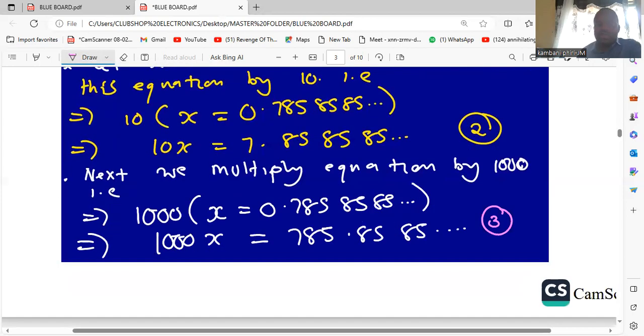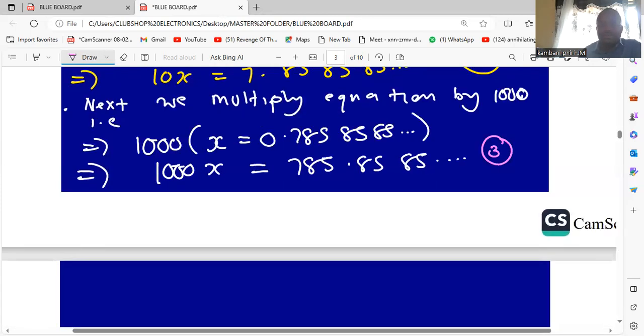So now we are going to subtract equation 2 from equation 3.